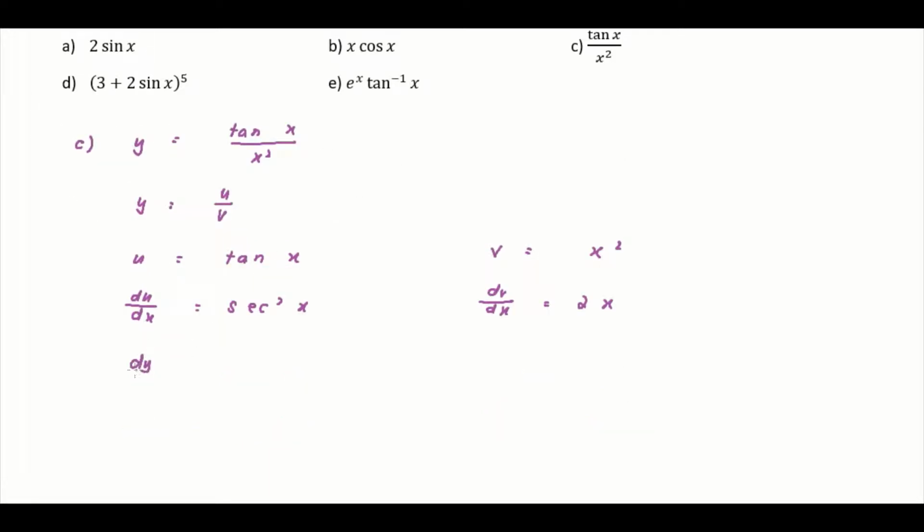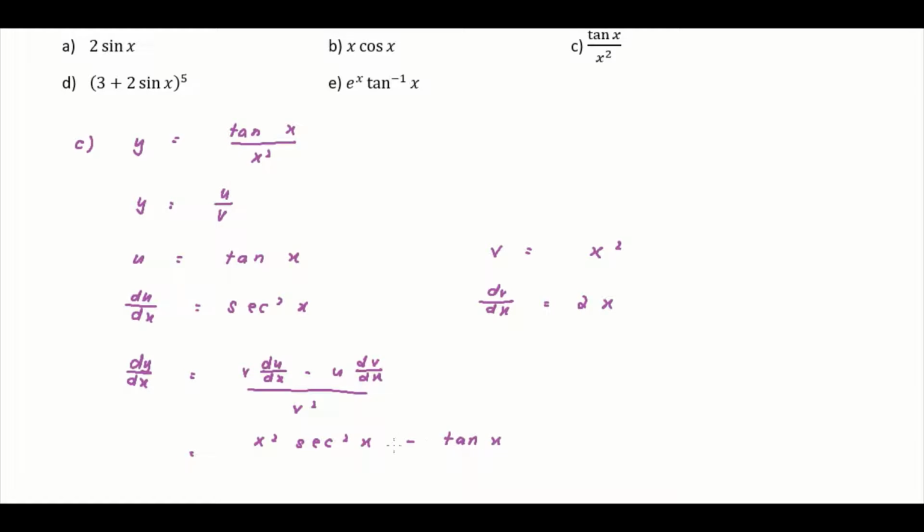So dy/dx will be equal to v du/dx minus u dv/dx, and then divide by v squared, right? Okay, so substitute: x squared secant squared x minus tangent x, and after that you have a 2x.